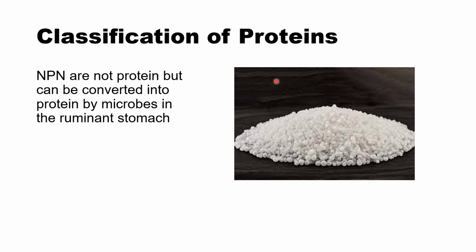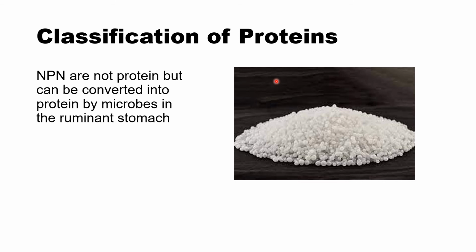Kasi kahit sabihin mo na hindi sila protein, pero yung urea at ammonia, they are nitrogenous compound. And then pag it came into contact with the microbes dun sa mga protozoa, dun sa rumen ng ruminant, they will convert this ammonia, this urea, or any other kind of non-protein nitrogen into protein.